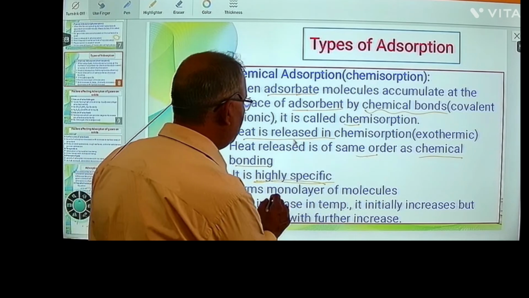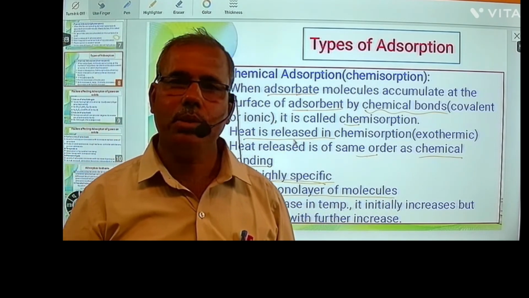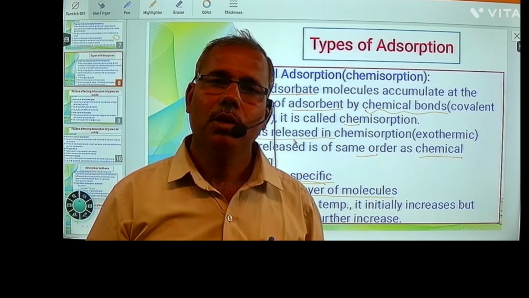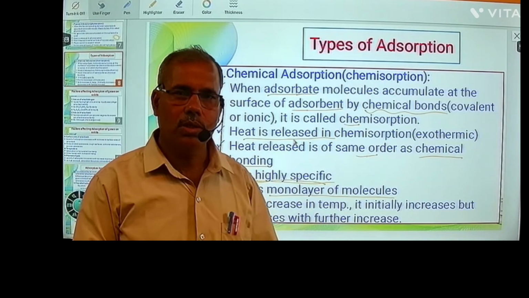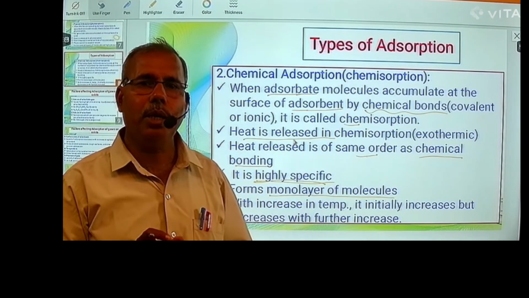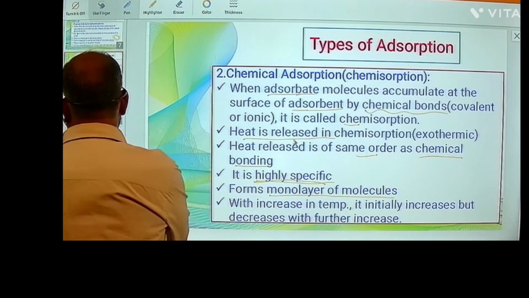Then it forms monolayer of molecules. It is important. Chemisorption, this process is accomplished with monolayer of molecules. So molecules of adsorbate are adsorbed on the surface with only one layer, that is single layer.